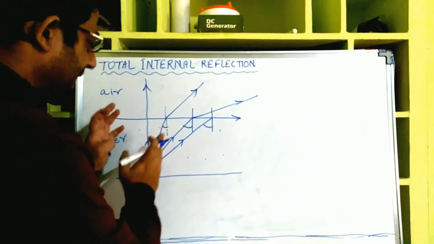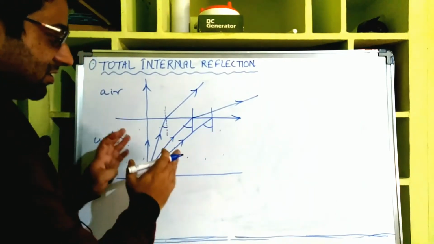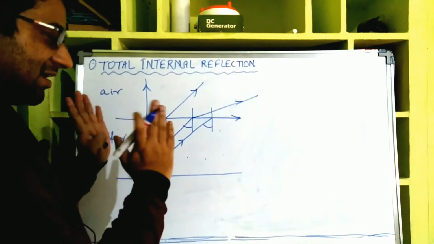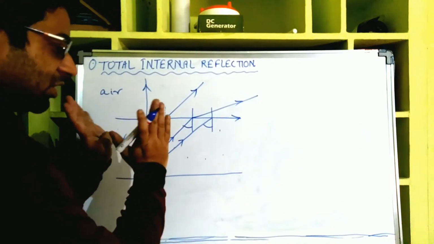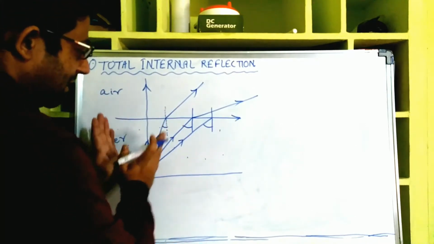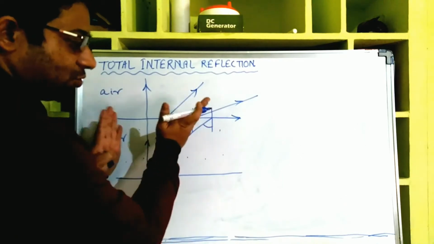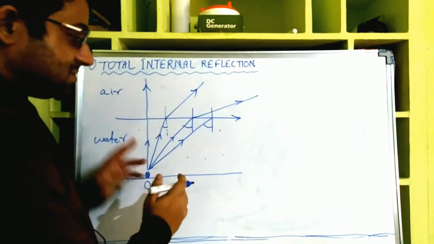Fine. Now I am just showing this in two dimensions here on the board. You imagine it in a 3D structure, so there will be a cone of lines of a certain radius. Till then it's okay. But after that, what happens?